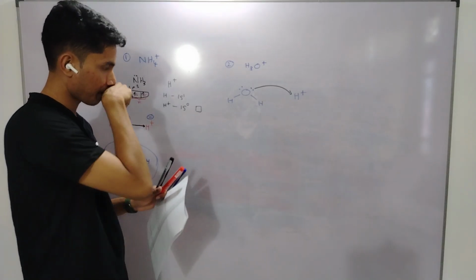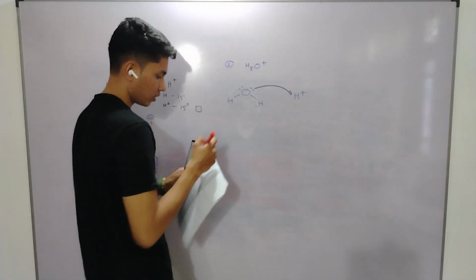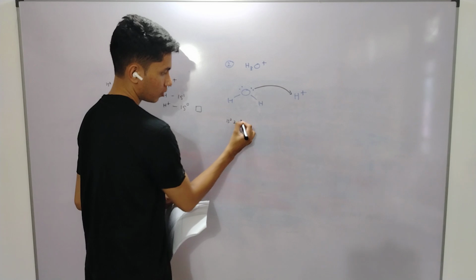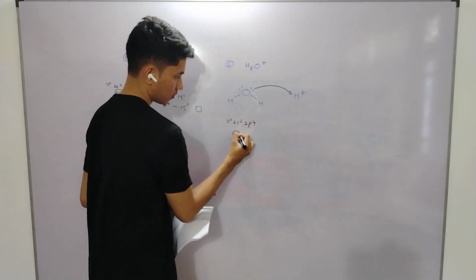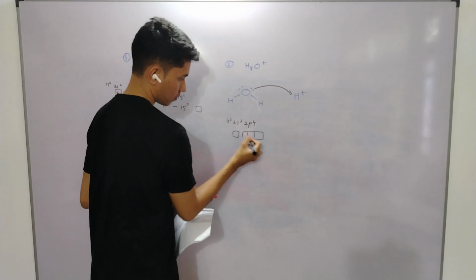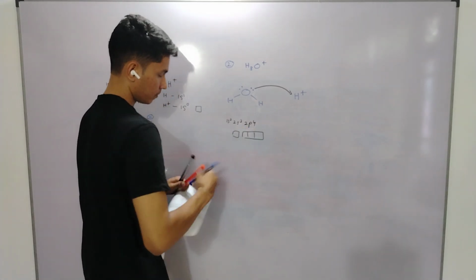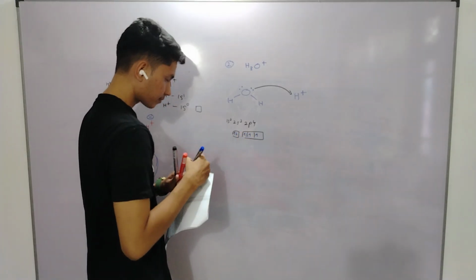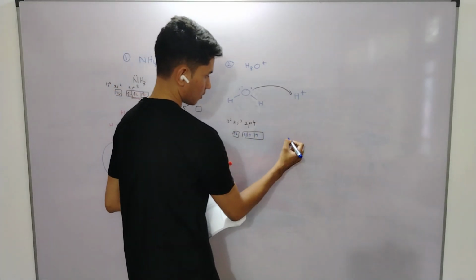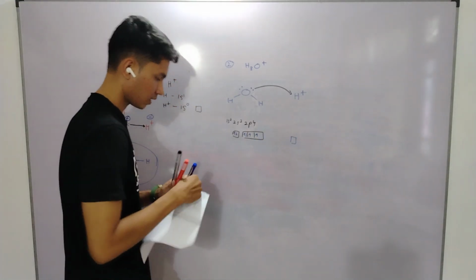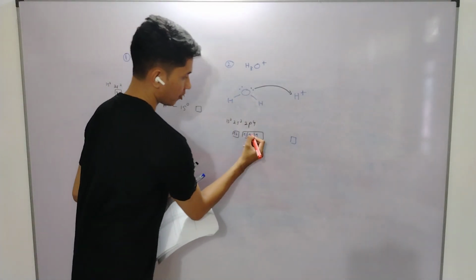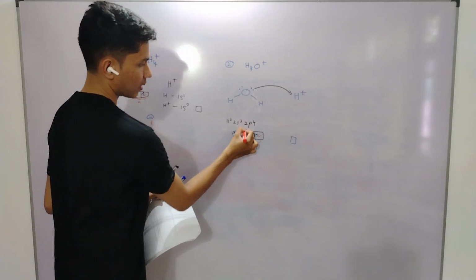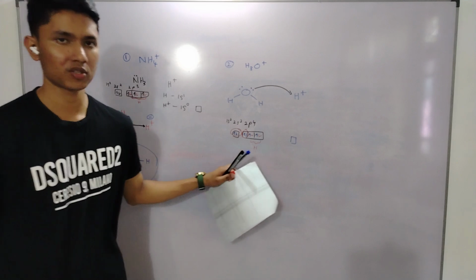So, what is the electronic configuration of oxygen? 1s2, 2s2, 2p4. These two hydrogens will form bonds with oxygen. There are two lone pairs of electrons.